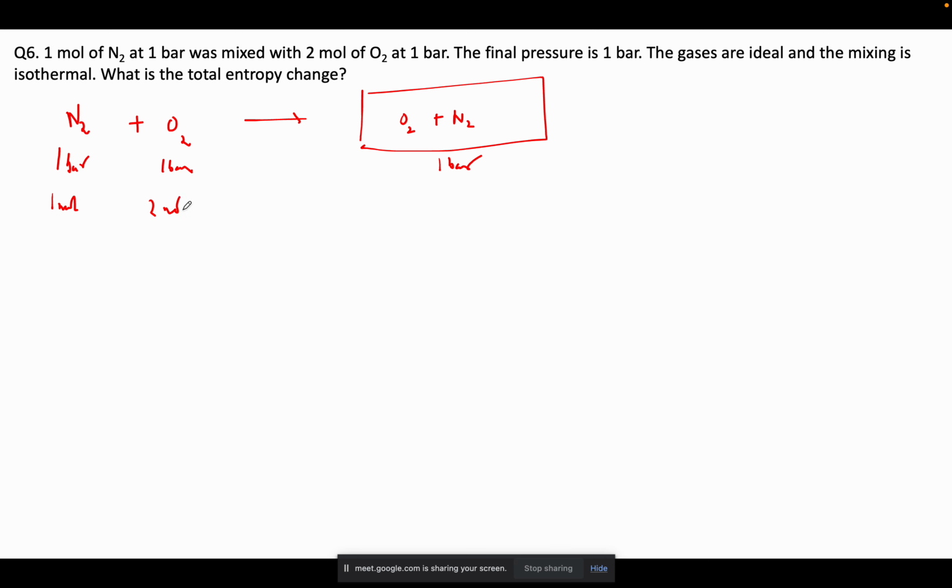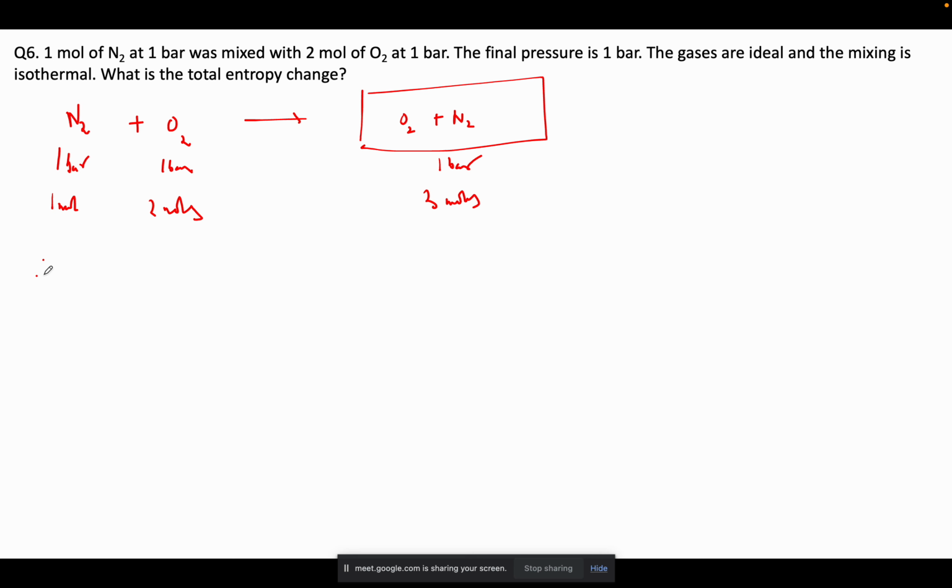What it is telling is that nitrogen and oxygen are mixed to form a mixture of oxygen plus nitrogen. Conditions were 1 bar, 1 bar, and the final mixture was also 1 bar, with 1 mole of nitrogen and 2 moles of oxygen. So what is the total number of moles here? 3 moles.